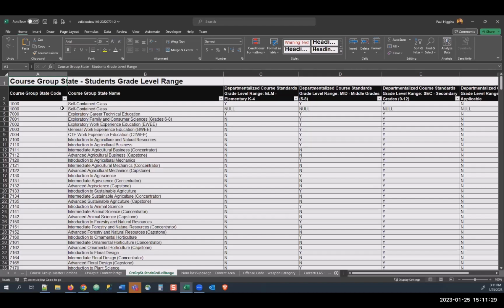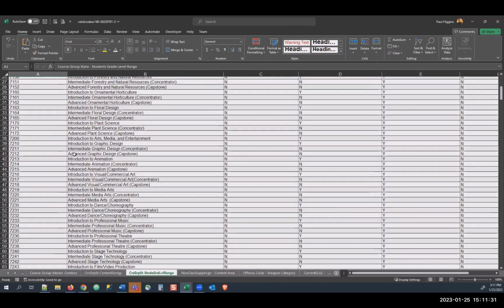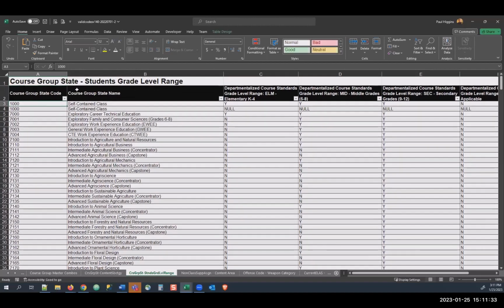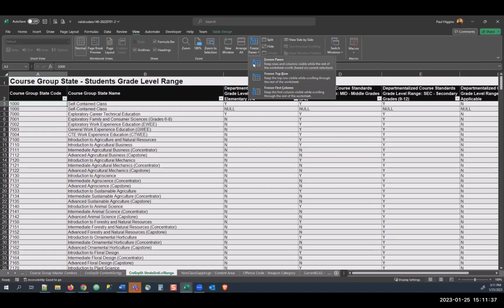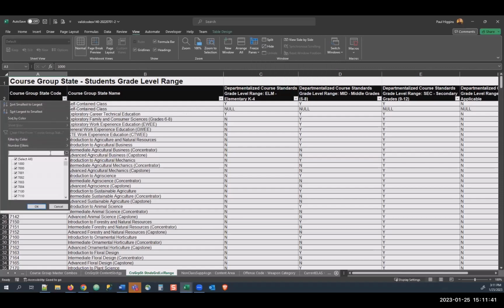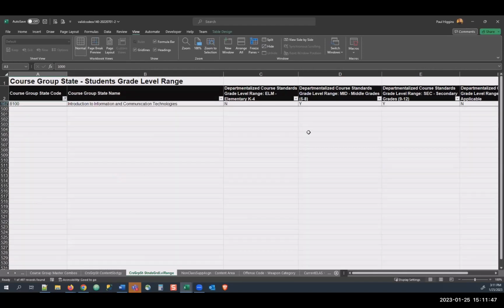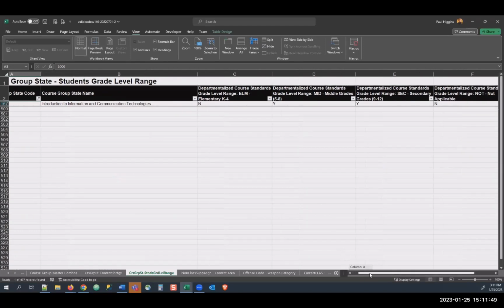If so, would this trigger an exception? You can use it. It is possible that you're offering a CTE course in middle grades. It doesn't necessarily have to be part of a pathway at that point because it's middle grades.